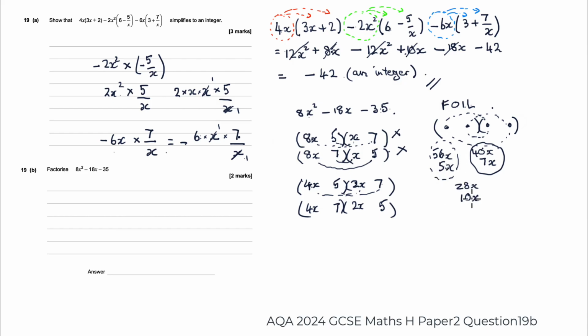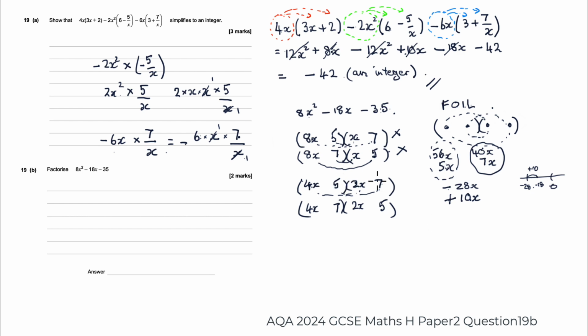Now think what I'd have to do if I went to negative 28 and then added 10. I would be at negative 18. Think of the number line. If you're at negative 28 and you add 10, you're going to be at negative 18. So it's a minus 28x and a positive 10x.